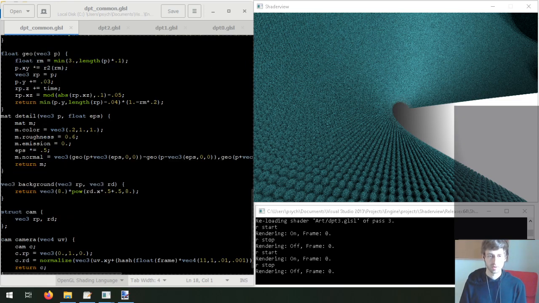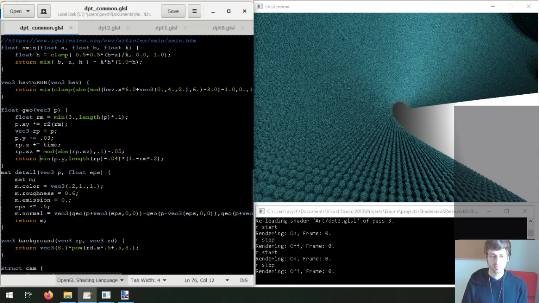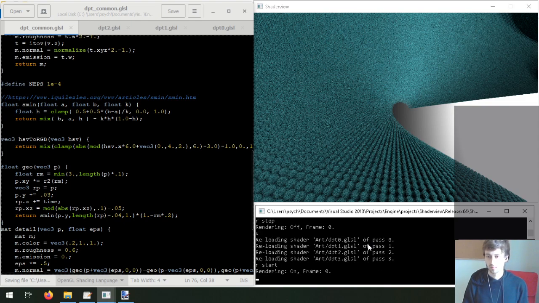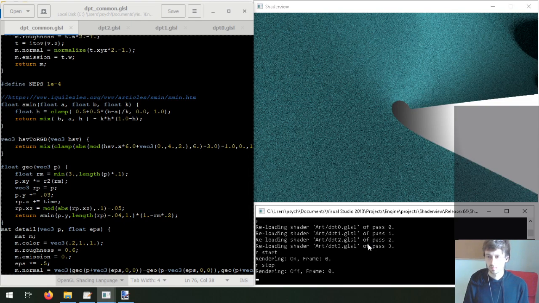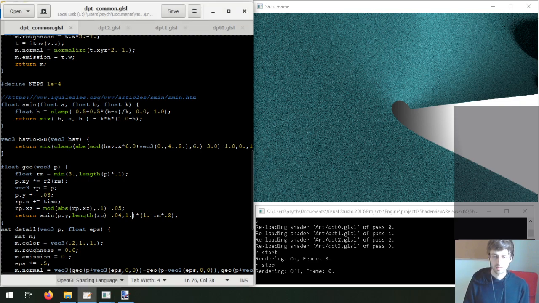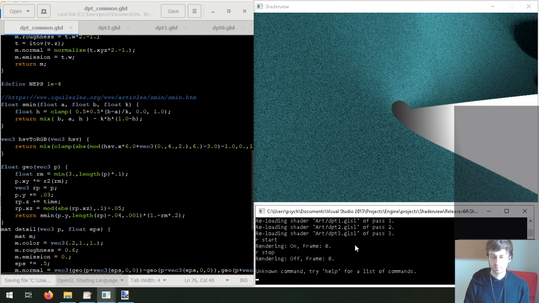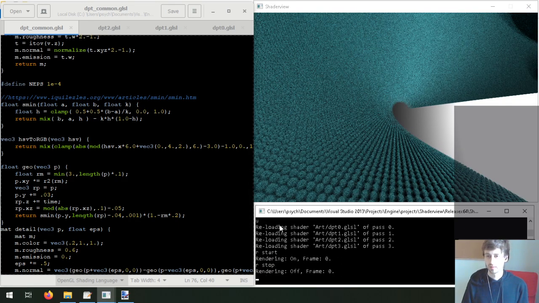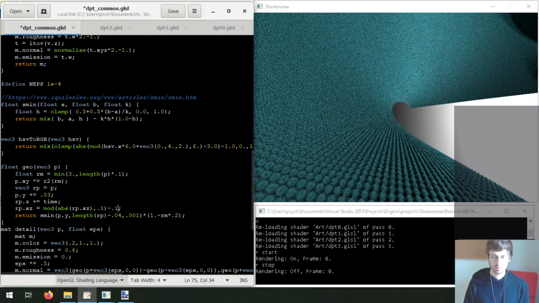Okay, I figured it out now. I'm gonna try applying smooth min here to smooth these out. And maybe add a little bit to their size. Bigger.